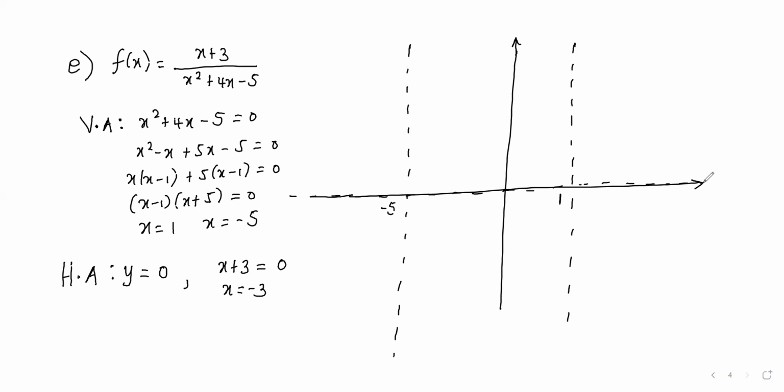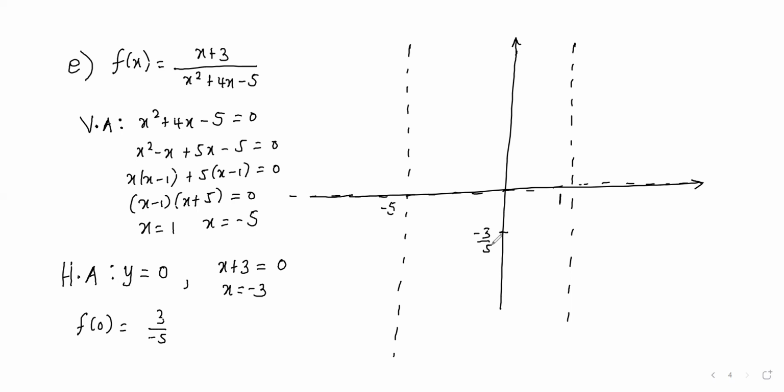Then now we go to between -5 and 1. Let's pick a number there. So let's pick 0. What is f of 0? So f of 0 is 3 over -5. That is here, minus 3 over 5.